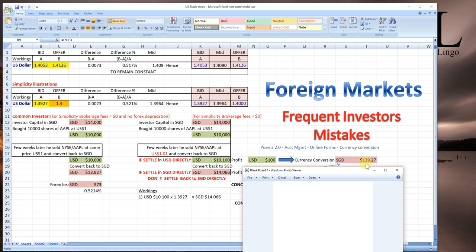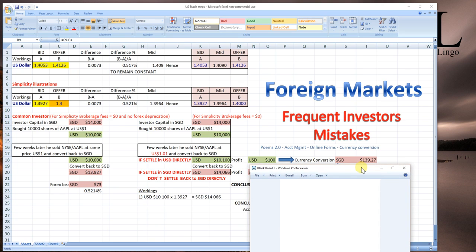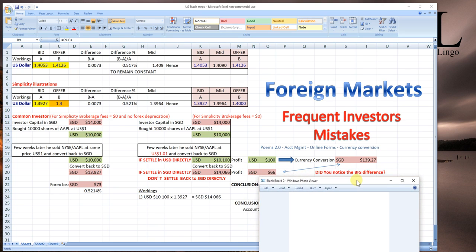he gets back $139. So you probably notice that this profit and this profit is a big difference here. It's almost doubled. So investors likewise should not convert the entire contract back to Sing.